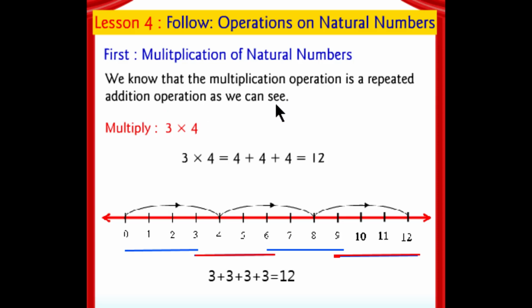As we can see, multiply 3 times 4 or 4 times 3. 3 times 4 or 4 times 3 equals 4 plus 4 plus 4 equals 12, or 3 plus 3 plus 3 plus 3 equals 12.